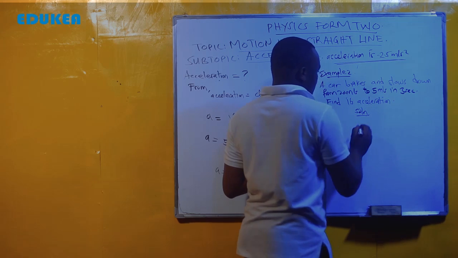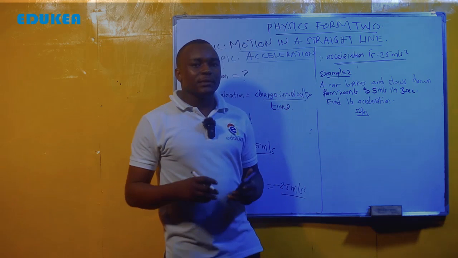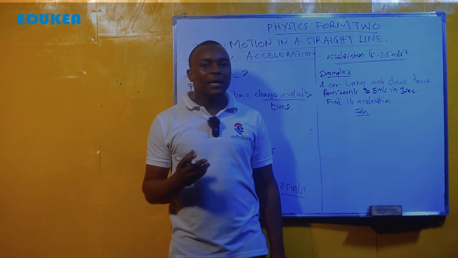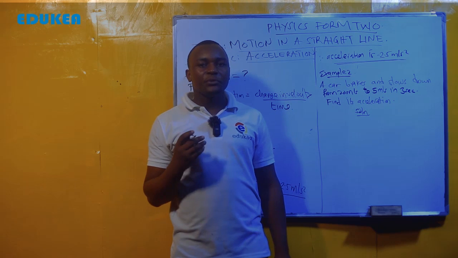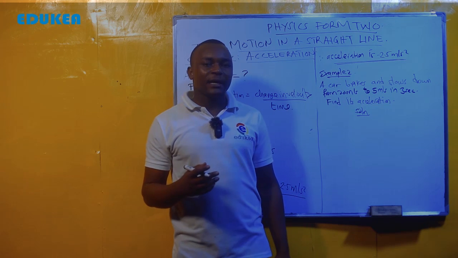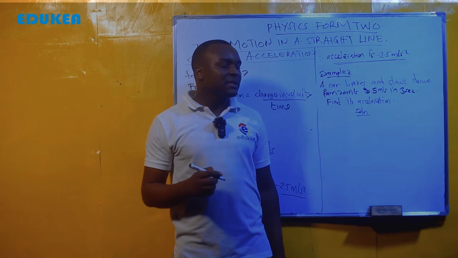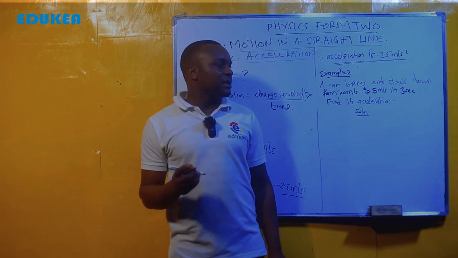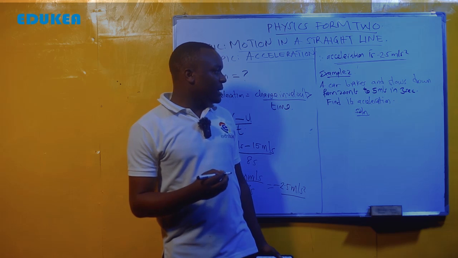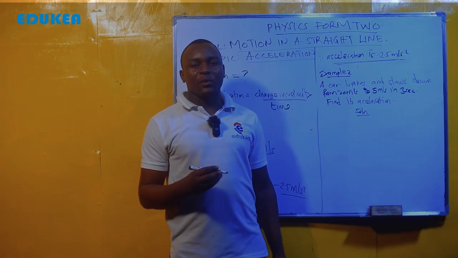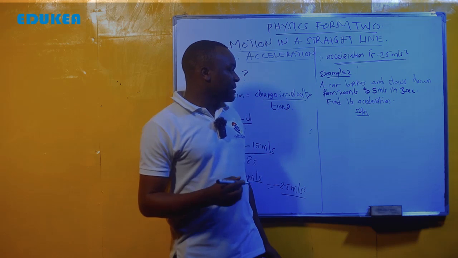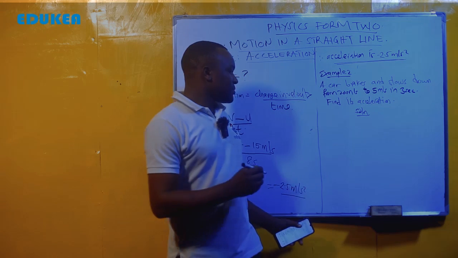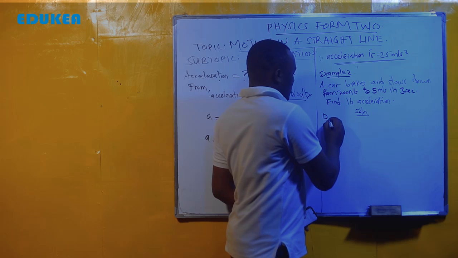The second example states that a car brakes and slows down from 20 meter per second to 5 meter per second in 3 seconds. The question is to find the acceleration. Let's go step by step. The first step is to write the data you are given.